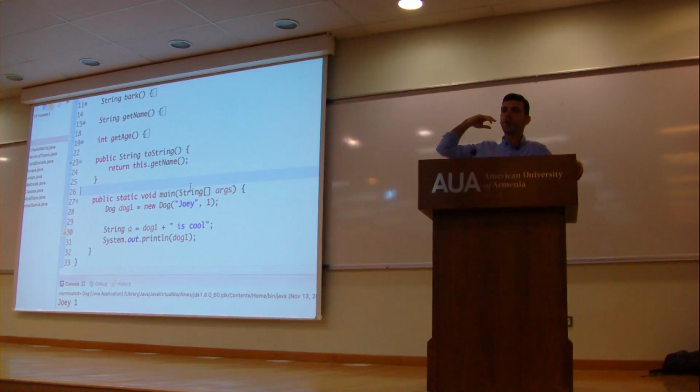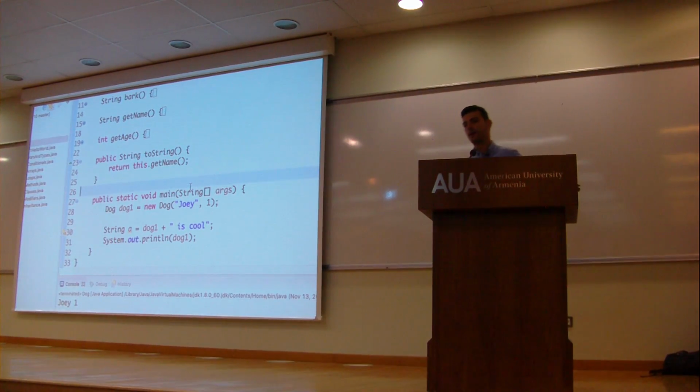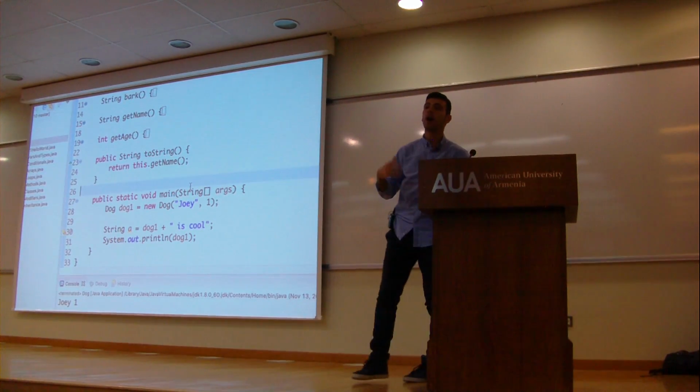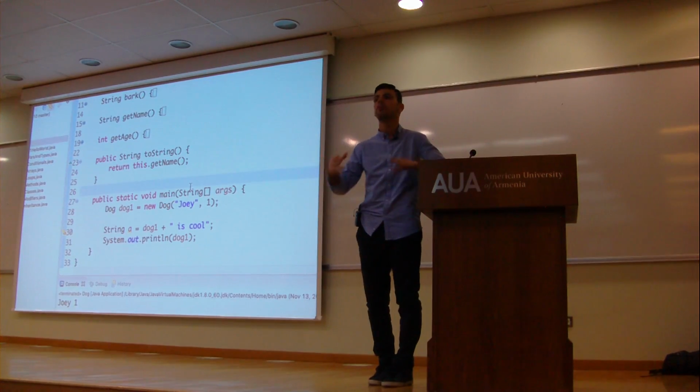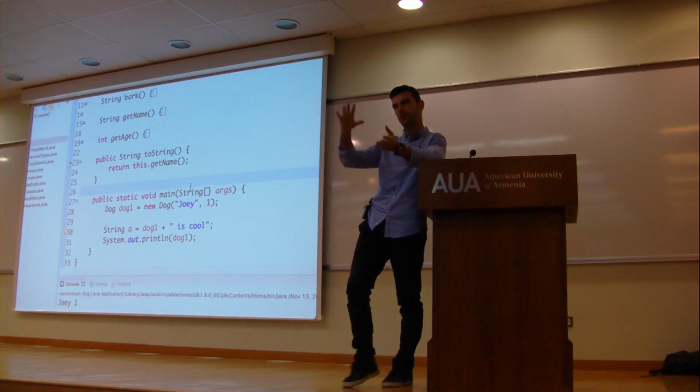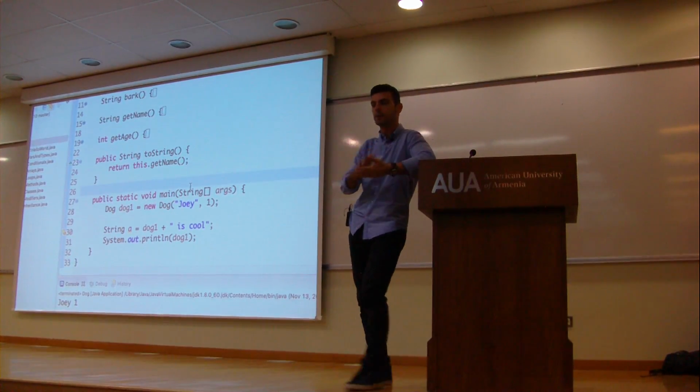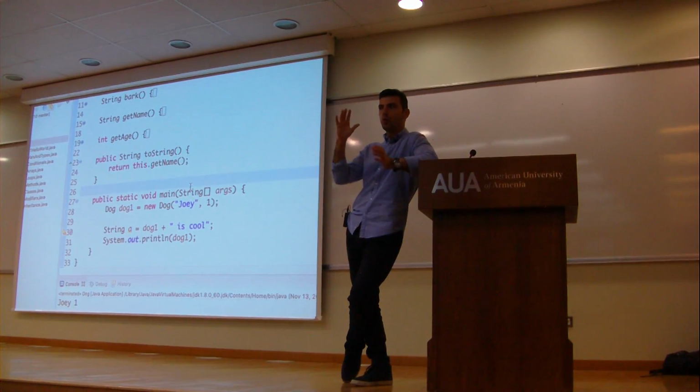So Java forces you to do everything with a class. The idea behind object-oriented programming, this notion of programming with classes and objects, is that you couple data and functions together in your application.